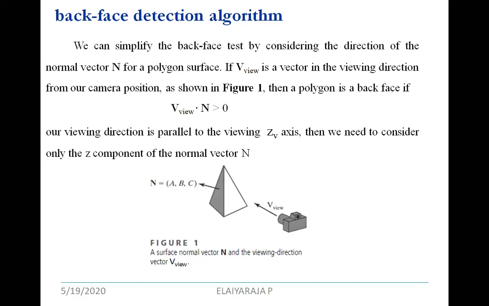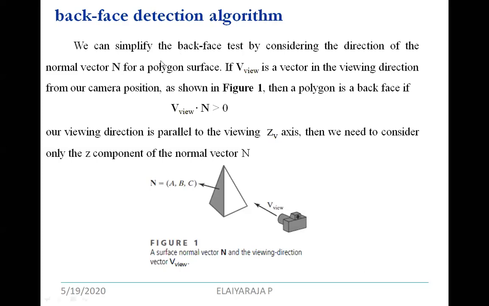Suppose the given values of the triangle are 1, 2, 3. You calculate the magnitude and divide the given value by it, and then check whether the value you get is less than 0 or greater than 0.